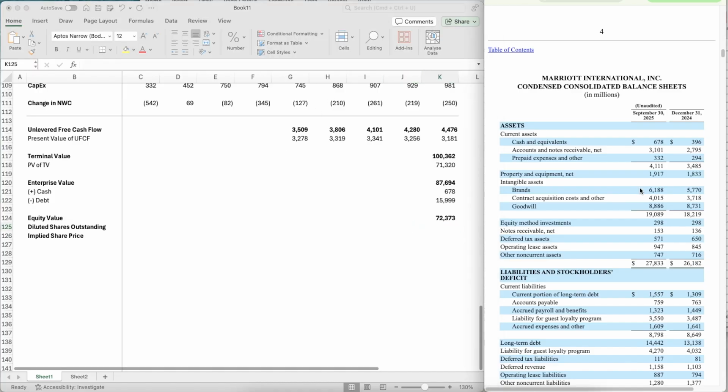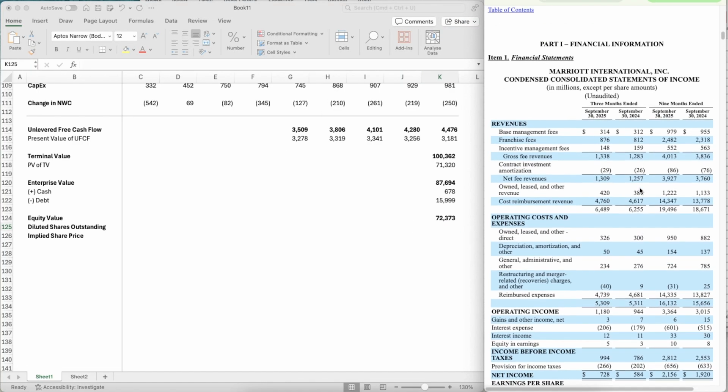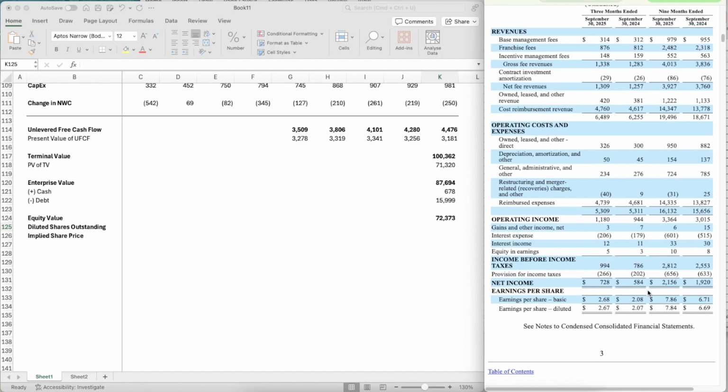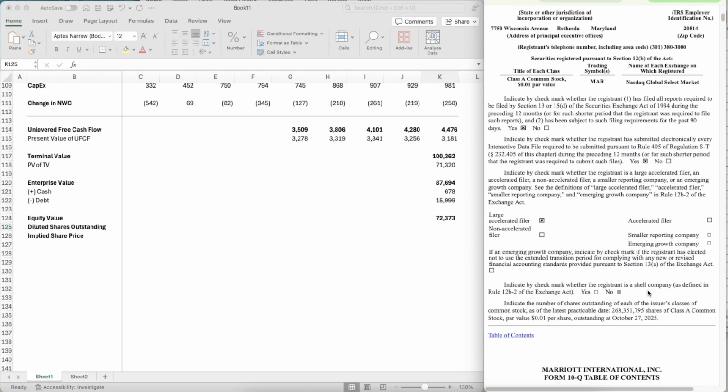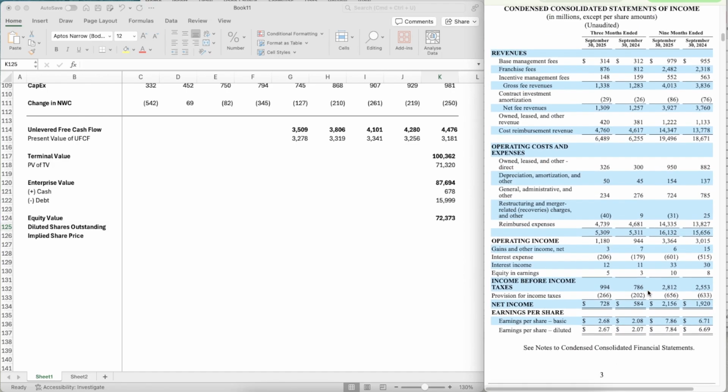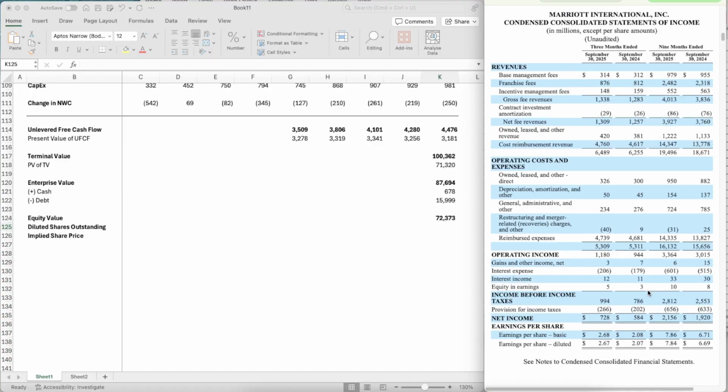Your diluted shares outstanding are, where is it? Here we go. So here, we just have to do this multiplied by the net income. We'll have the right amount of shares.